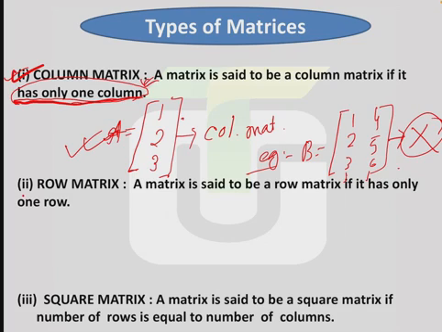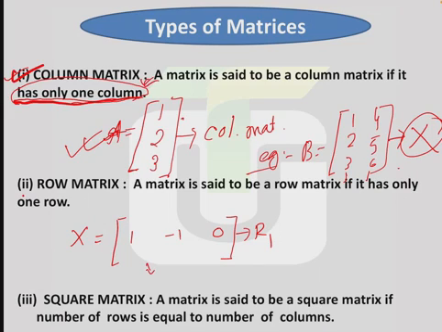So the next one is the row matrix. What is a row matrix? The matrix which has only one row is called a row matrix. So for example, if we take this, only one row is here, this is R1 only.